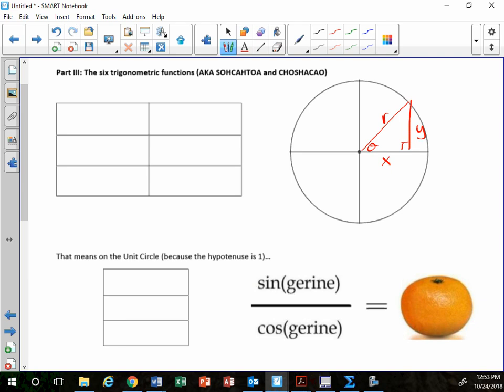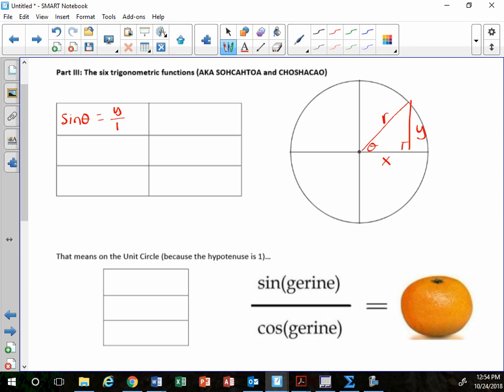All right, so what we're doing with this, I want you to set up for me what is the sine of theta based on this little triangle. What would you tell me? SOHCAHTOA, right? What is sine?